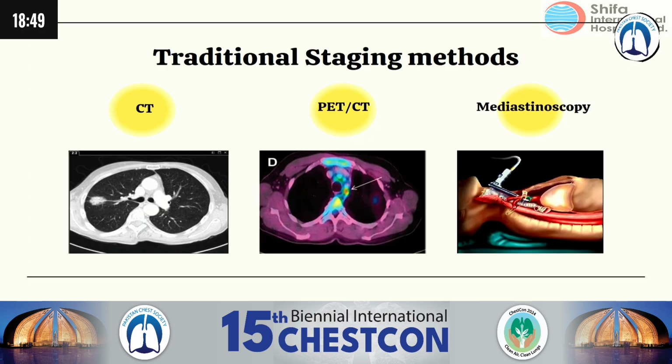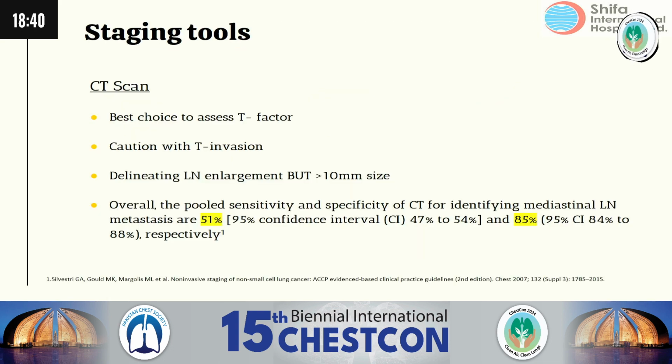So traditionally, the tools that are in use for staging are CT, PET-CT, and mediastinoscopy, out of which CT scan remains the best choice to assess the T factor of the tumor.